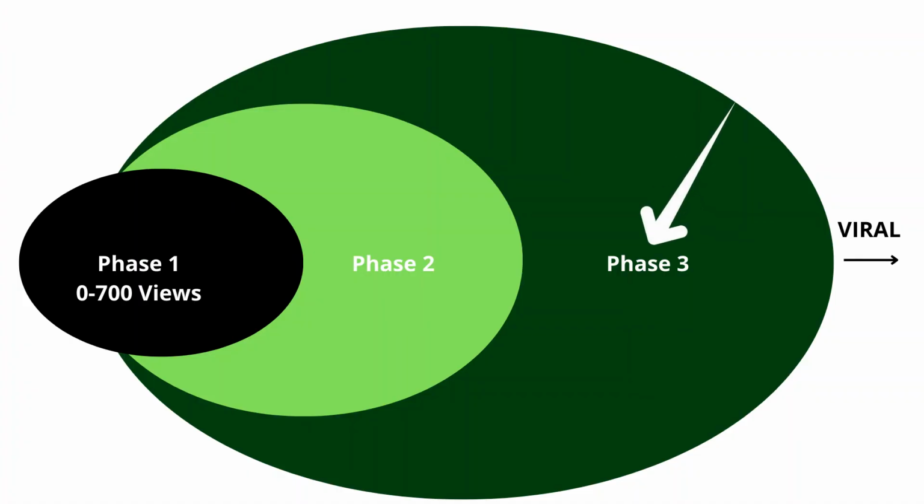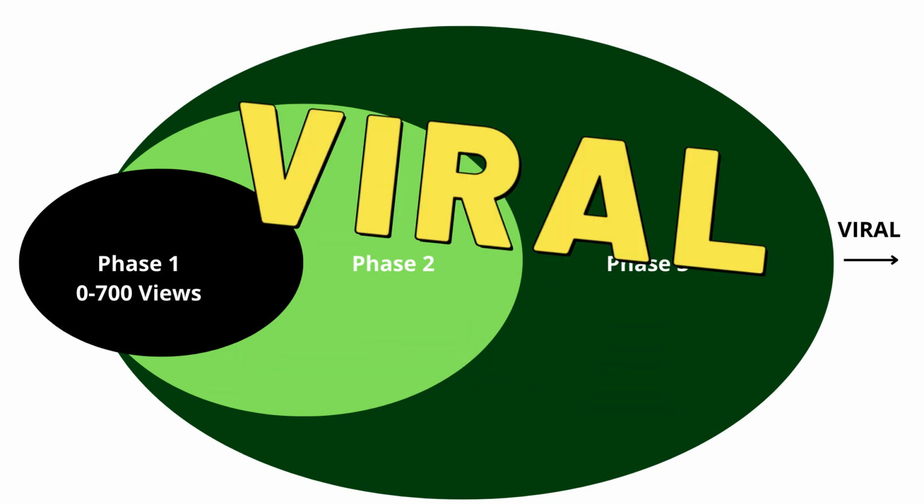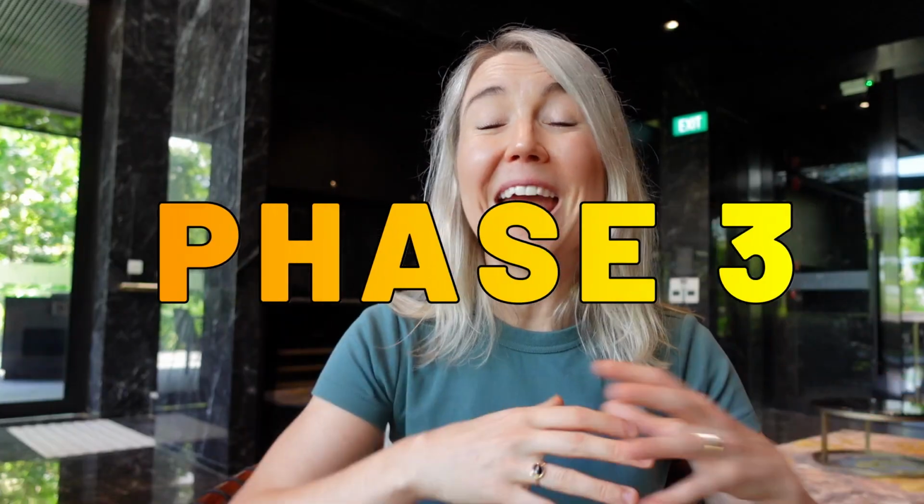Then it moves to phase 3. And now for the exciting part. Just before your video goes viral on TikTok, it's checked by a human being just to make sure that your content adheres to the TikTok content policy, and then it goes viral. The TikTok algorithm hacks that I'm about to share with you will help you go from phase 1 all the way up to phase 2, 3, and then go viral on TikTok. And I've included a big bonus at the end of this video.